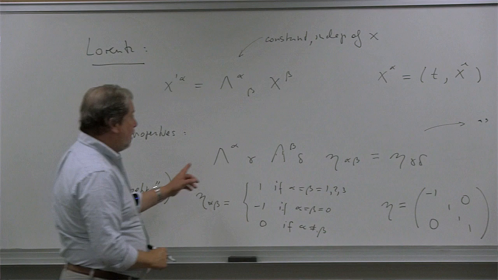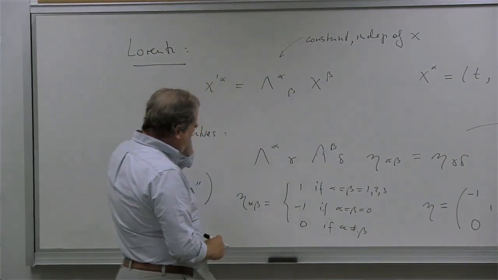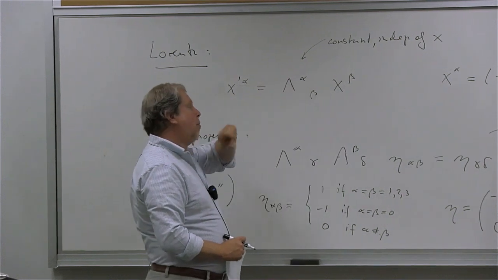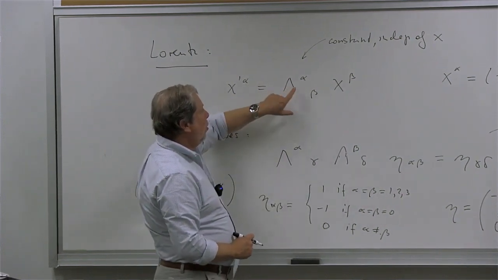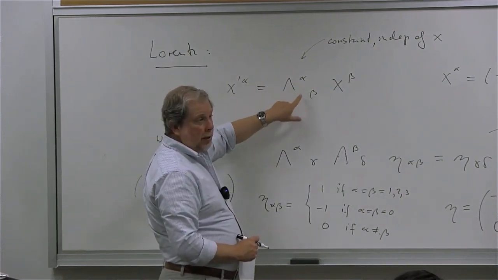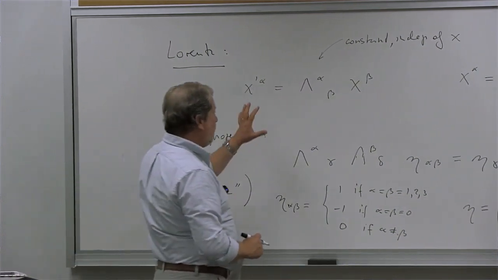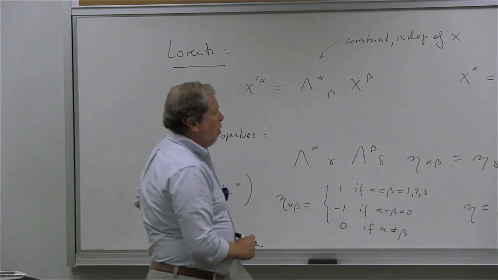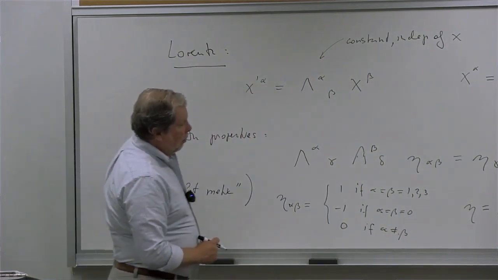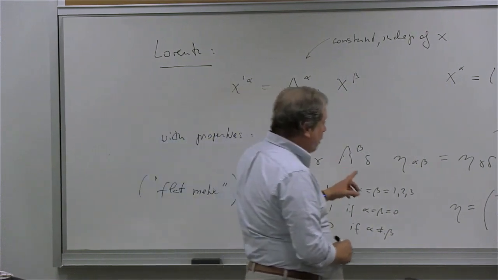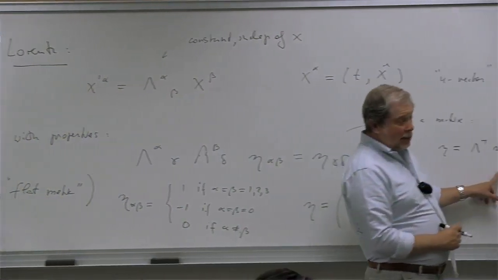If you look at how these indices are summed over, and if you take this definition of the matrix, and by the way, again, because of what we're going to discuss later on in GR, we have to distinguish between indices which are upstairs and downstairs, so you have to get used to it. So this is the definition of what this Λ is based on the form of the Lorentz transformation matrix we had a moment ago. Anyhow, this relationship that we have here is the same as that.